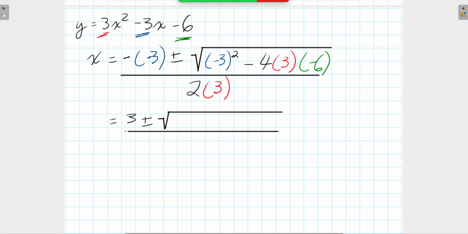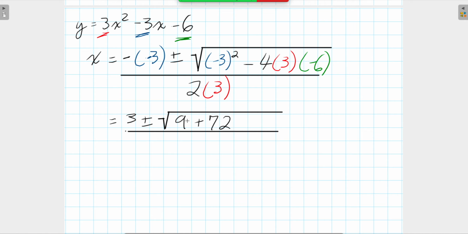Negative 3 squared is going to give us 9. So we get 9. And then negative 4 times 3 times negative 6. Okay, this is going to be negative 12 times negative 6, which is positive 72. I think that's positive 72. It is? Thanks.